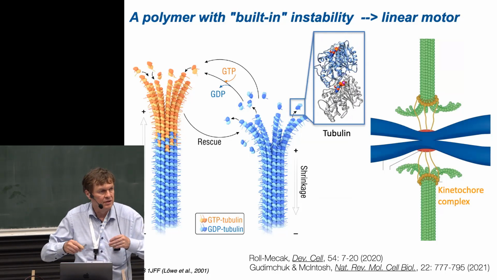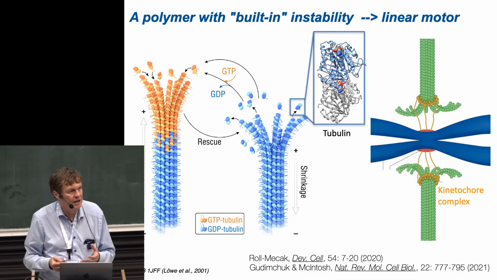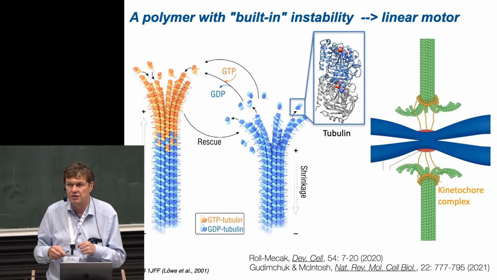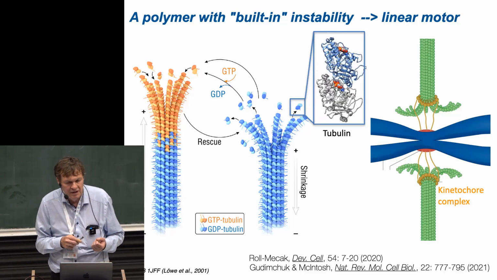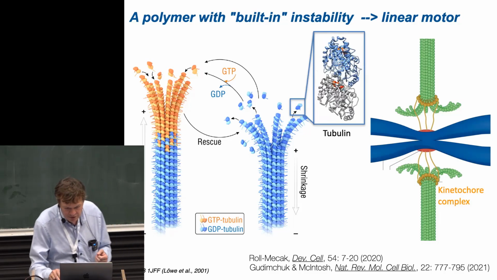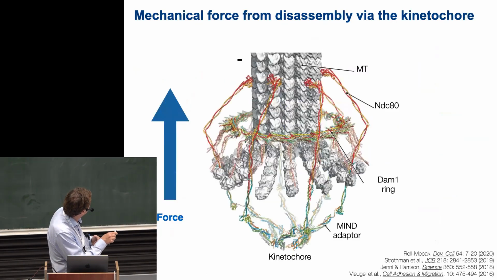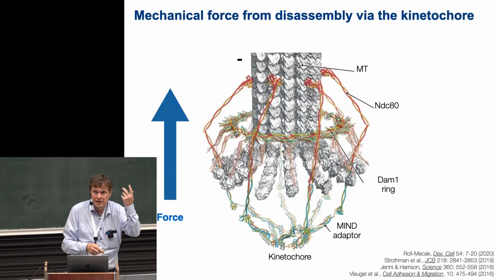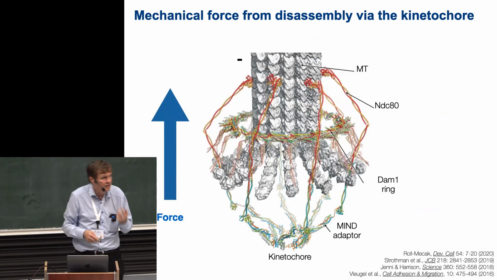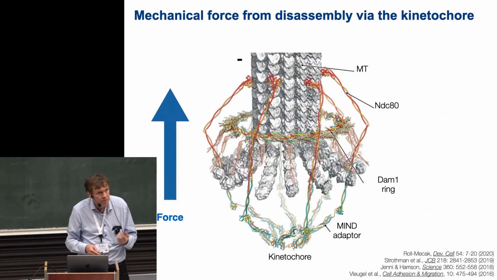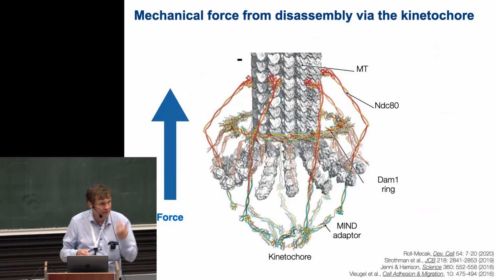When they disassemble, that typically happens pretty fast, which is called catastrophic decay. And this disassembly can also act as a molecular motor, like indicated here. If you put a ring on this end of the microtubule and it disassembles, that will push the ring upwards. And this is exactly the linear motor which separates the chromosomes during fertilization.